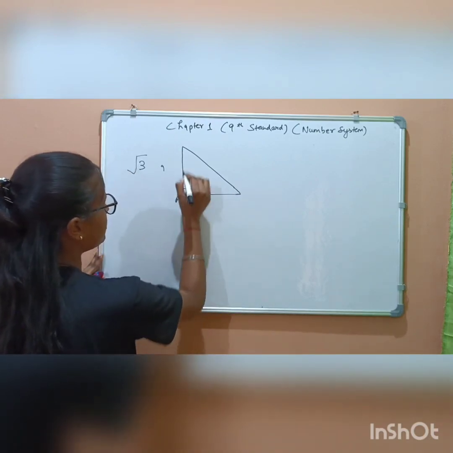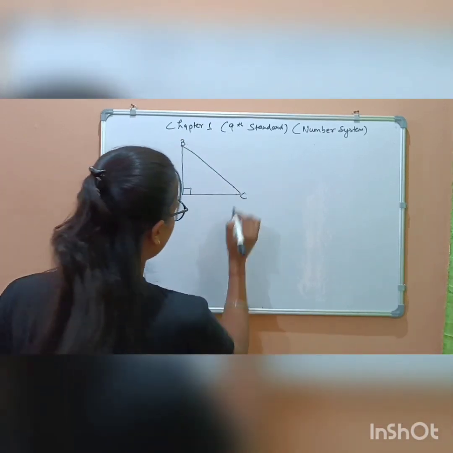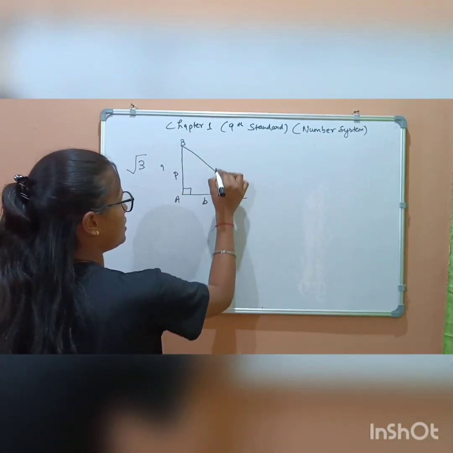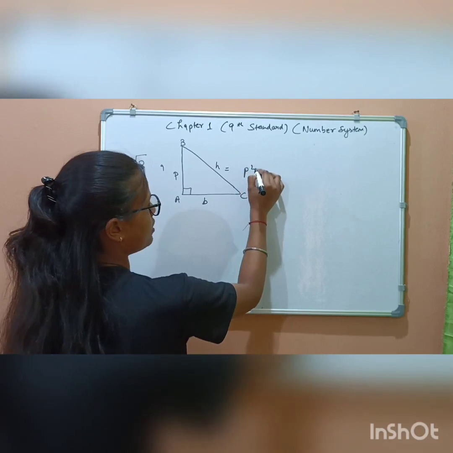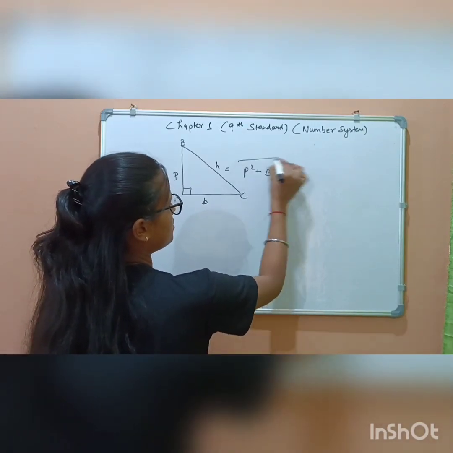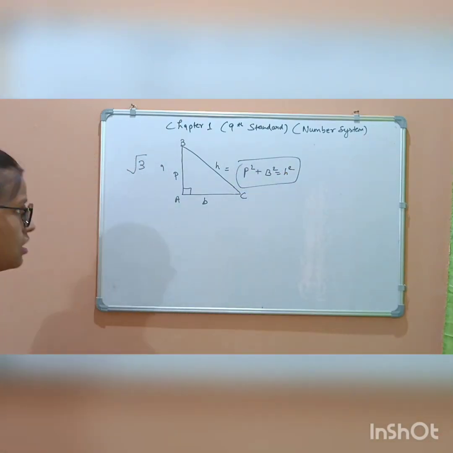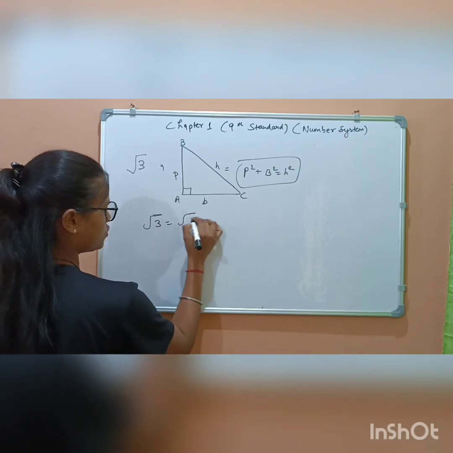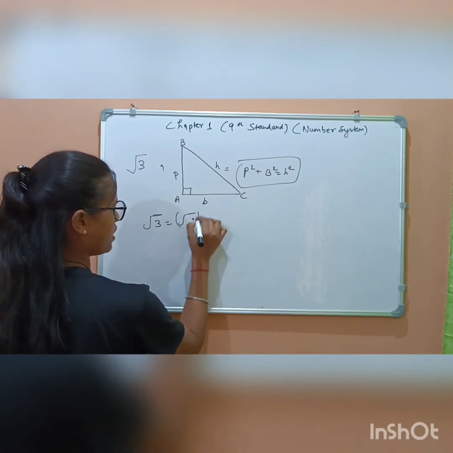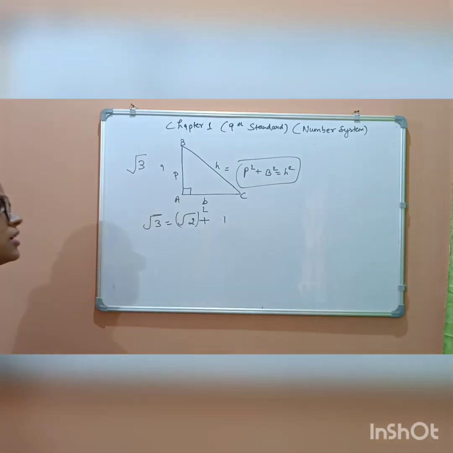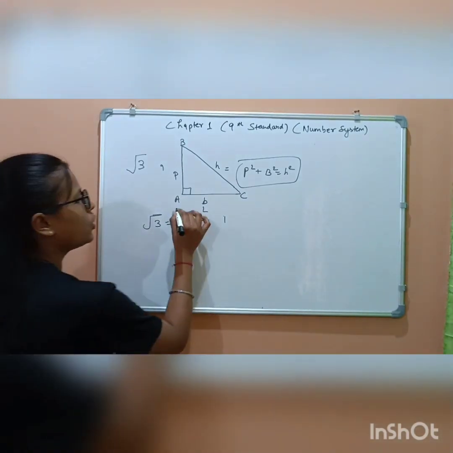If it's a right angle triangle, this is A, B and C. If it's P, B and H, then P square plus B square must be H square. This is what Pythagoras theorem says. So root 3 is root of 2 square plus 1. I can write it down, root 3 like this, the whole under root.